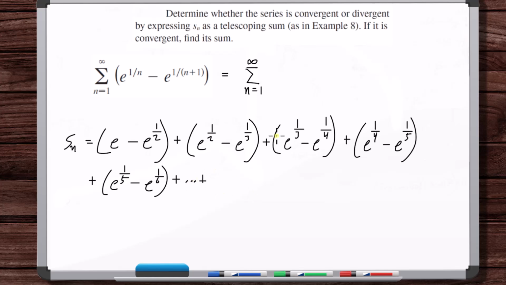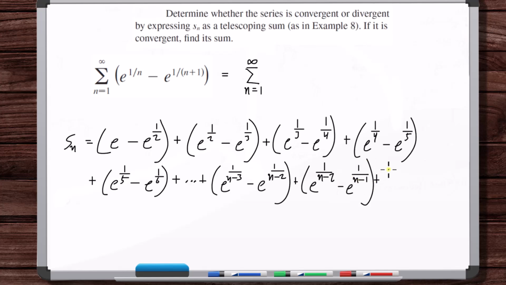This should just be a normal telescoping series. All right, let's go to n minus 3: e to the 1 over n minus 3 minus e to the 1 over n minus 2, plus e to the 1 over n minus 2 minus e to the 1 over n minus 1, plus e to the 1 over n minus 1 minus e to the 1 over n plus 1, and then the nth term.